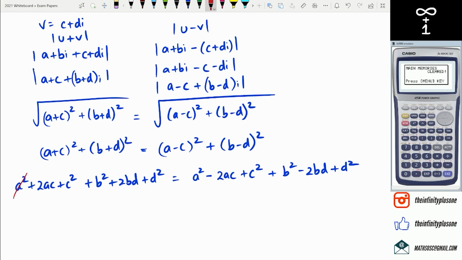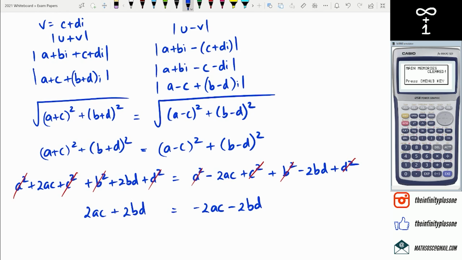So a squared and a squared disappear, b squared disappears, d squared disappears. Yep, all of that gone. What we're left with is just 2ac plus 2bd equals negative 2ac minus 2bd.